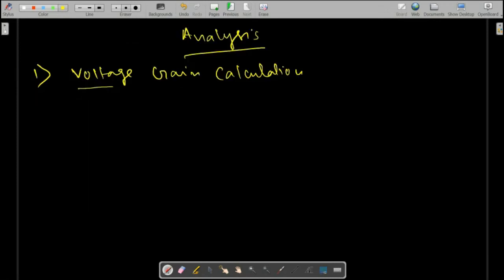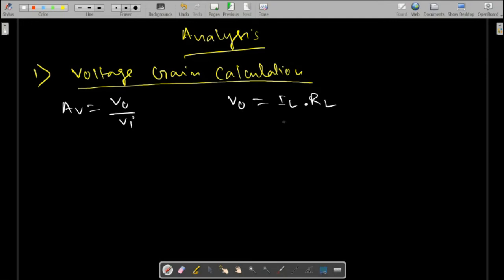Okay. So we are going to derive the voltage gain, AV, that is equal to V0 by Vi. Okay. So V0 is equal to IL into RL. Now IL is equal to minus ID. So we can write it is equal to minus ID into RL. Okay, very good.